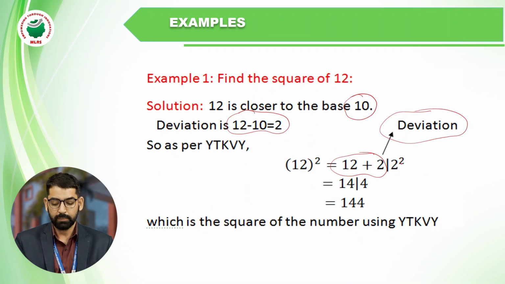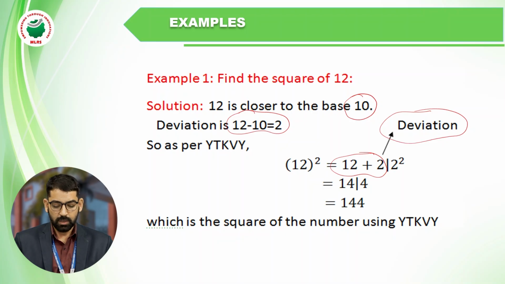So the number we arrive at is 12 plus 2 is 14, then separator, and 2 square is 4, and the square of 12 is 144. This is the way to find the square of any number by using Yavadunam Taraduni Kriti Vargena Yojayat.